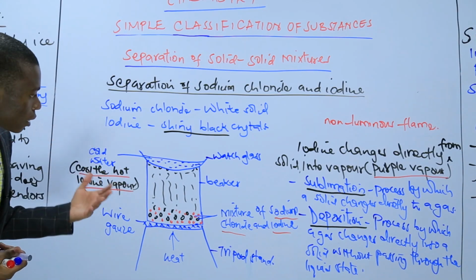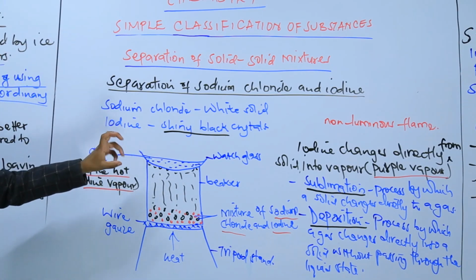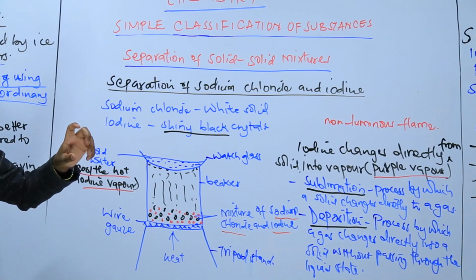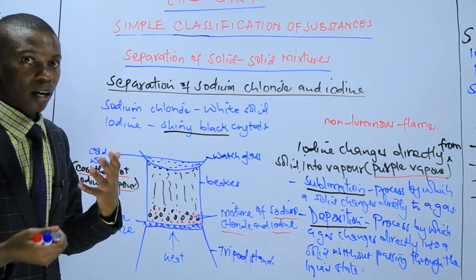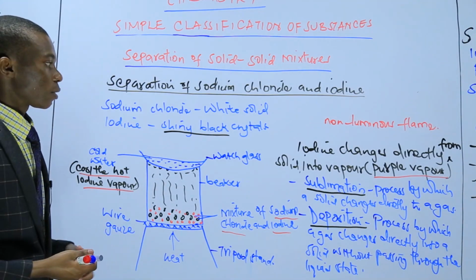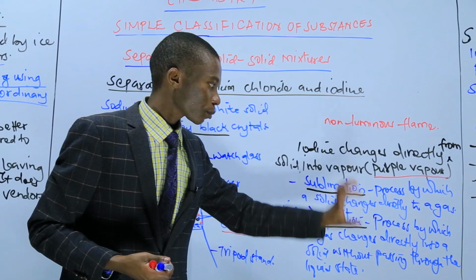Therefore, after that, when you remove the watch glass and pour the water, you are going to get back the shiny black crystals. And that is what you have called the deposition method.